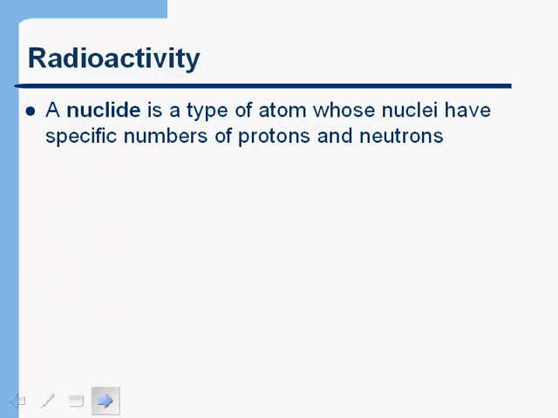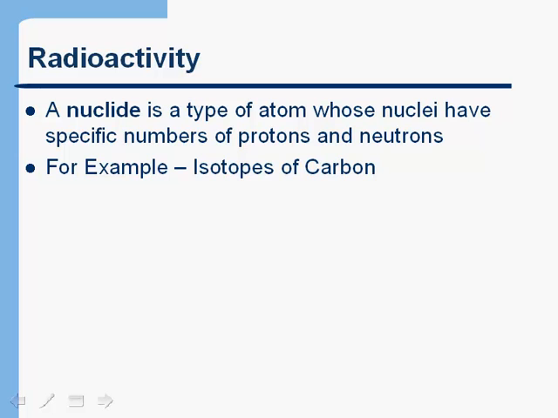Just some vocabulary. We use the term nuclide to represent a type of atom whose nuclei have specific numbers of protons and neutrons. Let me show you what I mean by that. We know that most elements have different isotopes, and if you remember, an isotope is an element that has different numbers of neutrons.